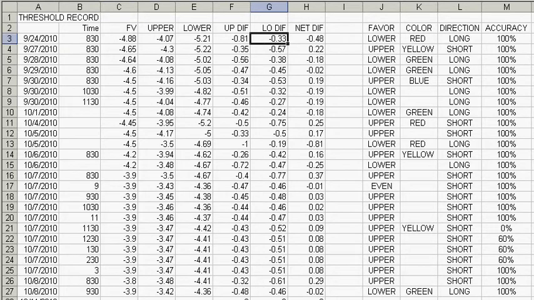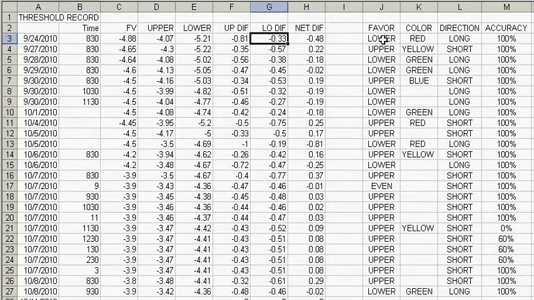Now, what we found when we ran these calculations is that whichever of these two numbers is closest to fair value will determine our market direction. So, for example, on this particular date, this number, 33, was closer to fair value.